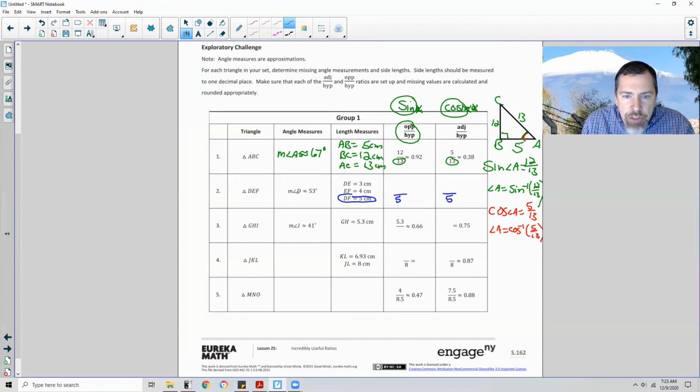DEF, the measure of angle D. The side opposite angle D is EF. There's no D in the name EF, so the opposite side to angle D is EF. Opposite is here, so this is 4. Adjacent has the letter name D in it. DE is 3, so that's going to go over here.